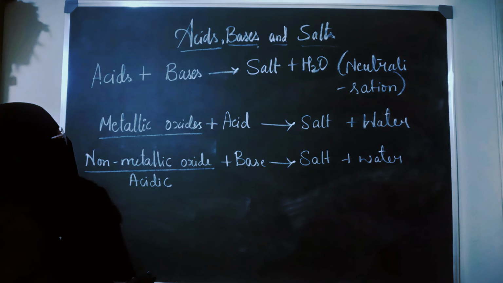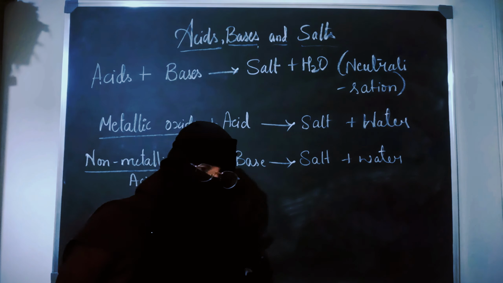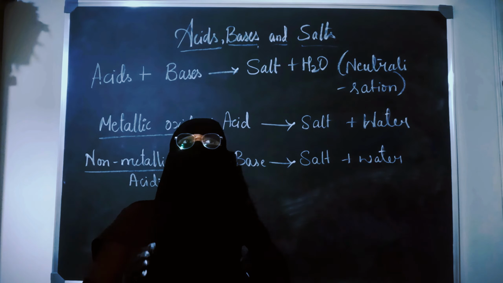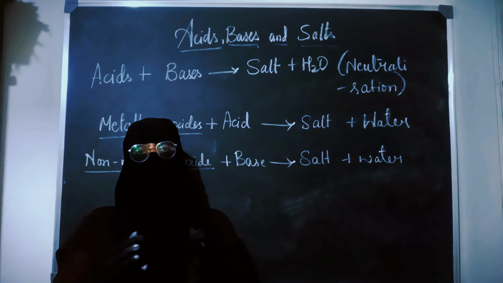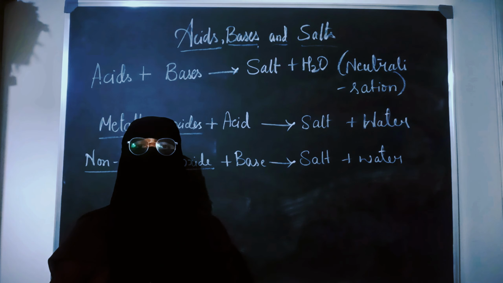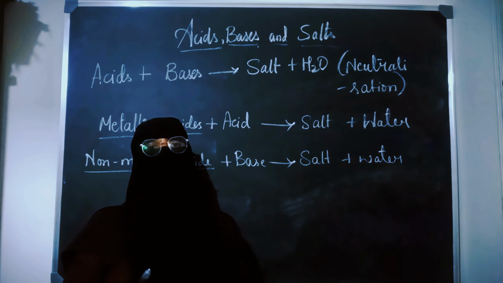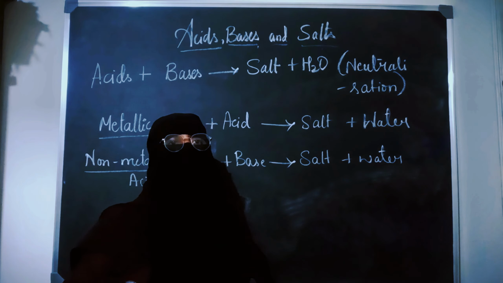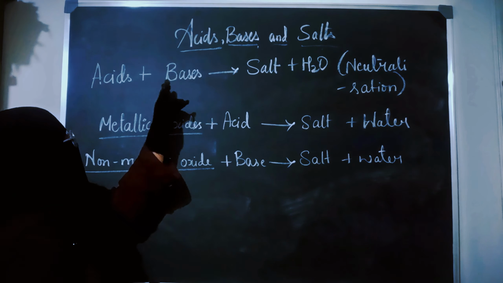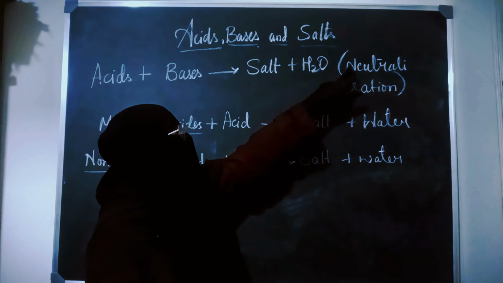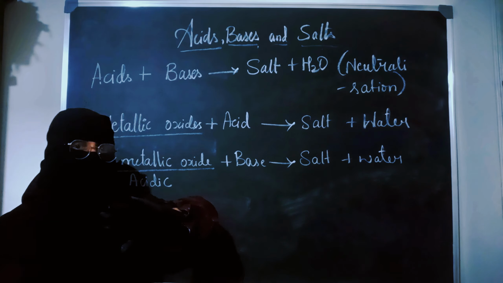So in this part, we actually covered 4 of the reactions, wherein we studied that whenever we make metal carbonates and metal hydrogen carbonates react with the acid, they lead to the formation of salt, water and carbon dioxide. And then the acids and bases react with each other, leading to the formation of salt and water, which means it is a neutralization reaction.